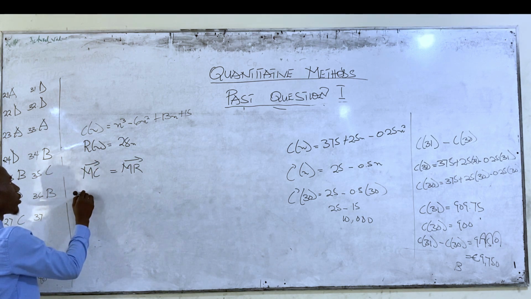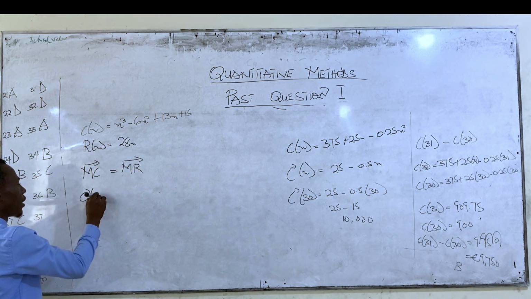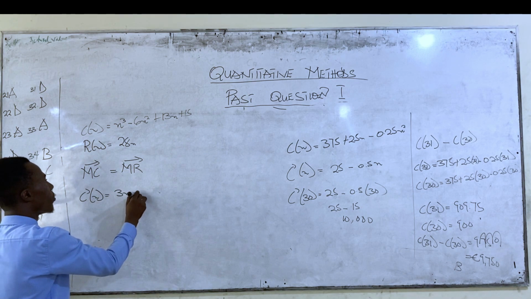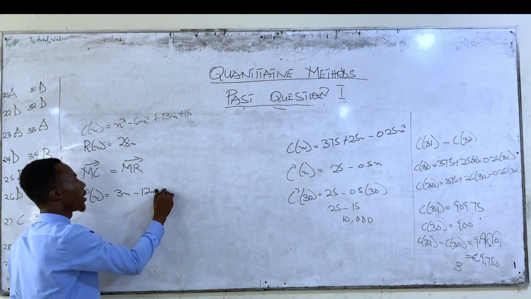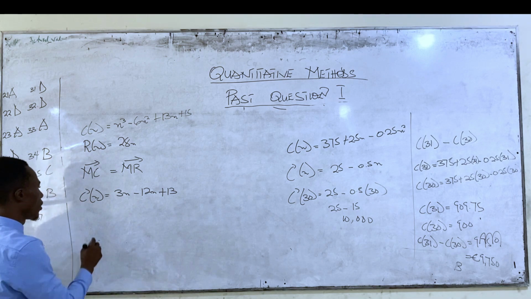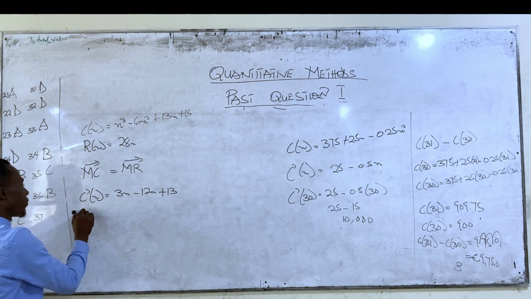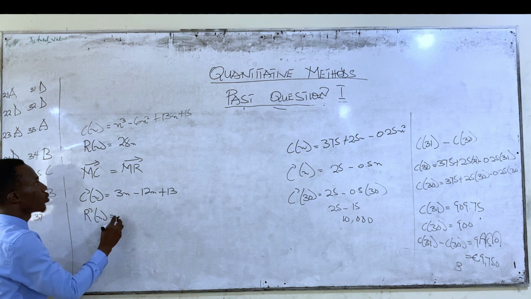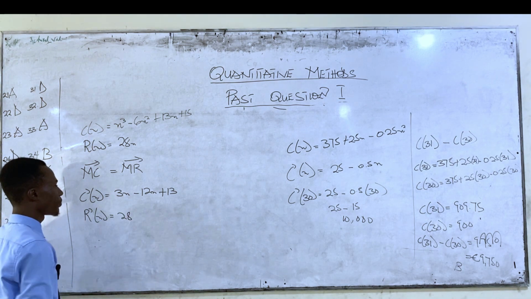So let's find the marginal cost and marginal revenue. For marginal cost, C prime of x is equal to 3x minus 12x plus 13. Then our marginal revenue, R prime of x, is equal to 28.